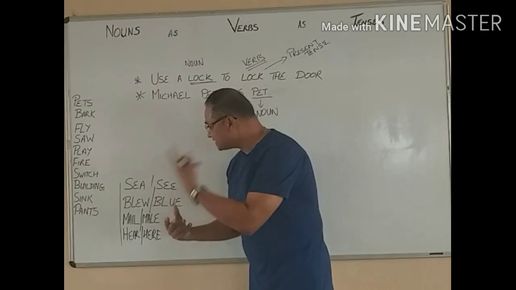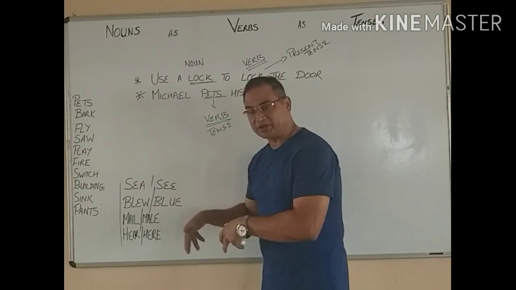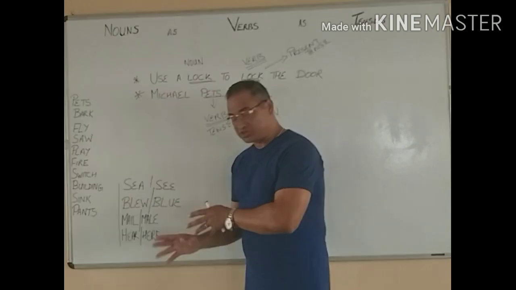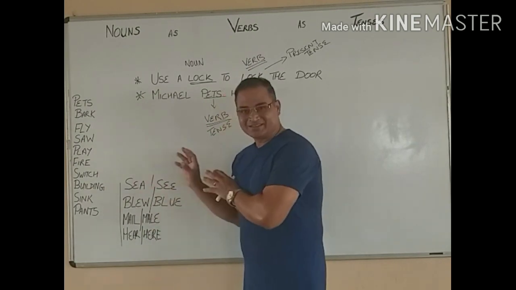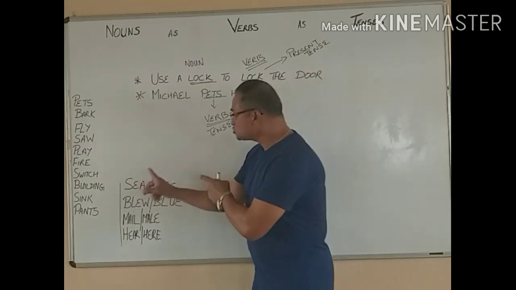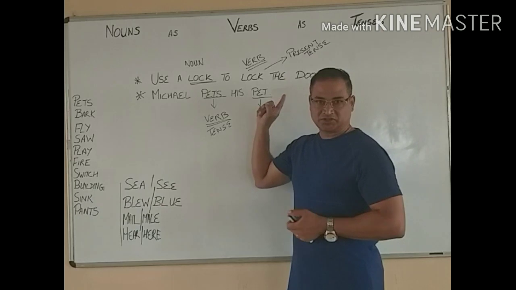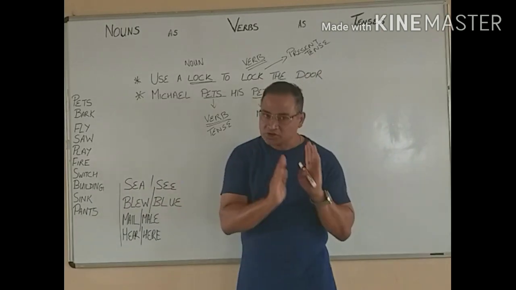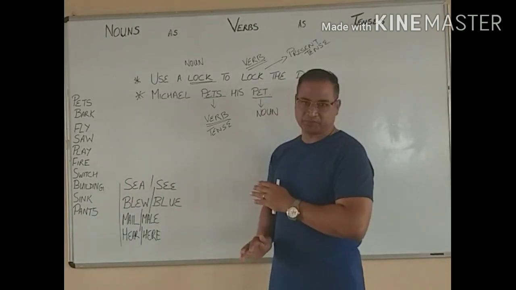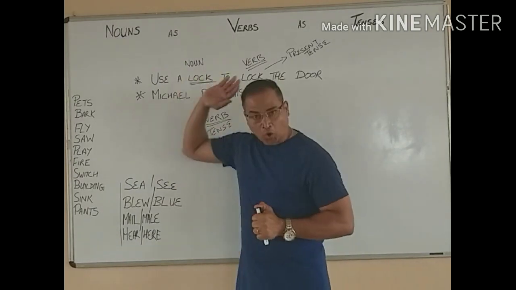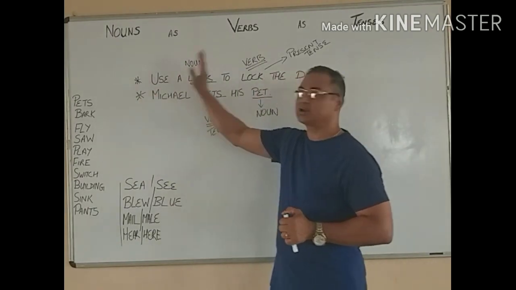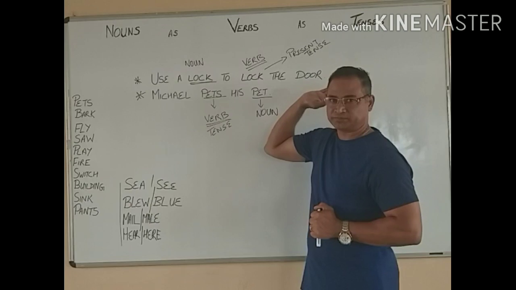You hear something, listen to something, and H-E-R-E, a place. You see, they sound the same, but they are totally different. Now, I cannot use these words in sentences like this. These will not be appropriate. So do not confuse yourself. Like I had said at the beginning, not all nouns can come in like verbs and tenses.